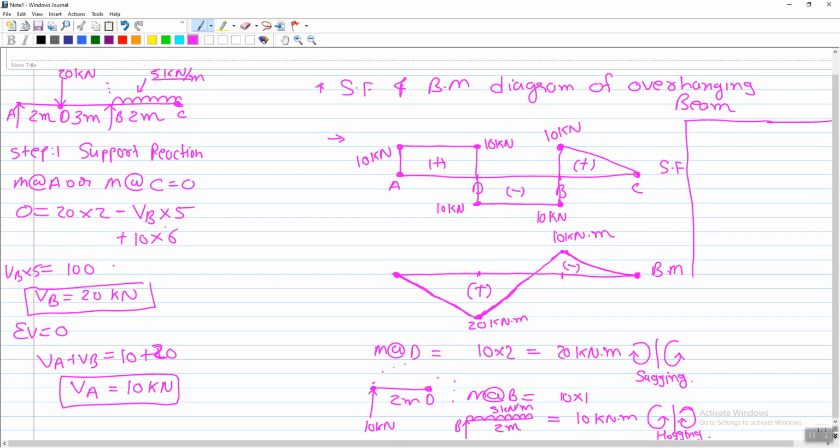It is very simple to draw, but here you have to focus. This is 10 kilonewton meter, a hogging moment, and here is 20 kilonewton meter, a sagging moment, and here this is the line of reference.